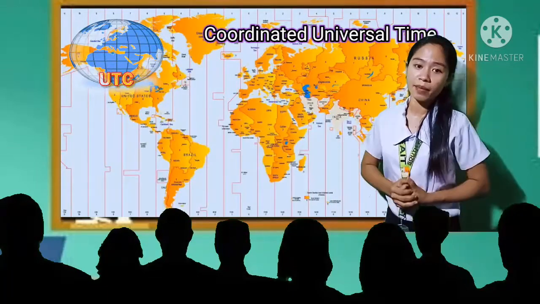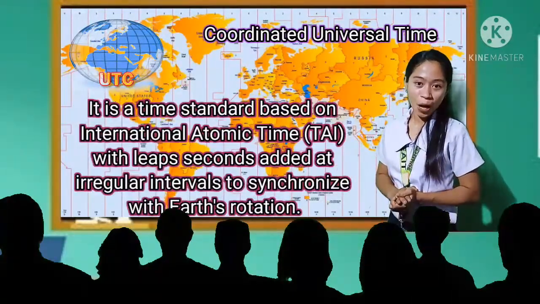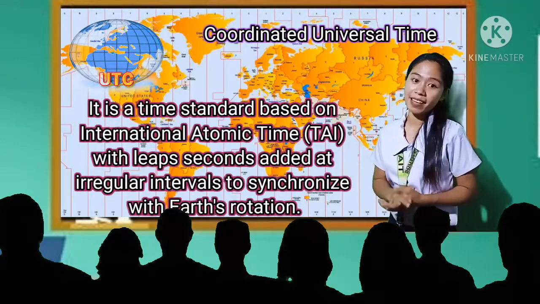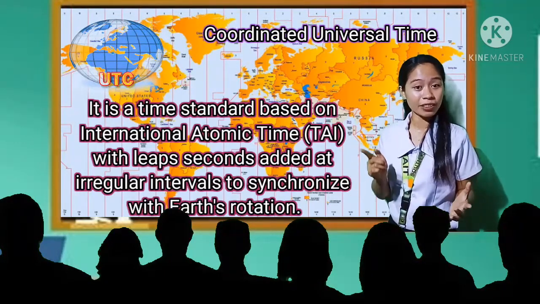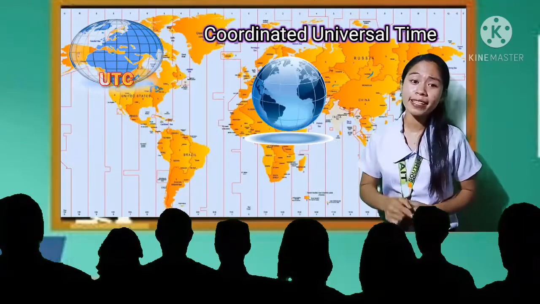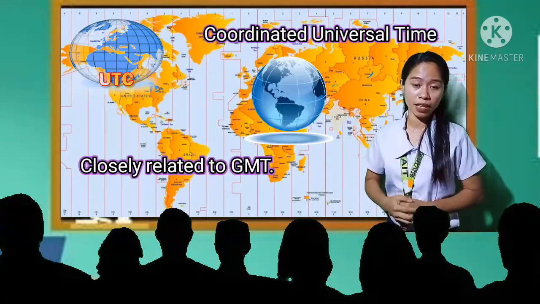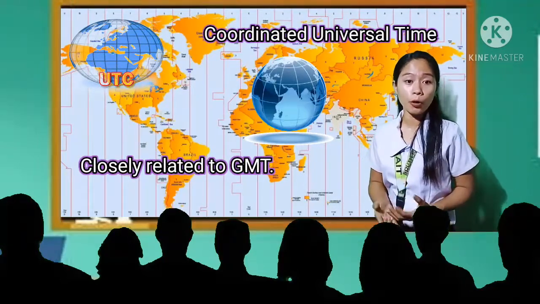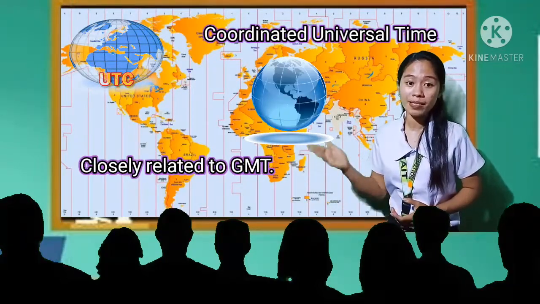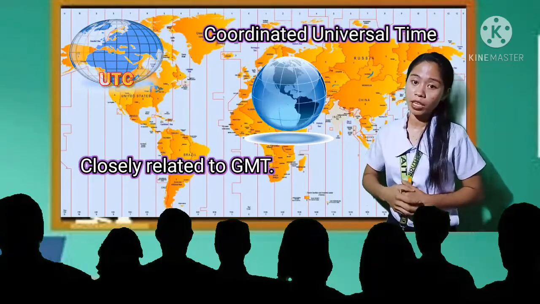Coordinated Universal Time is a time standard based on International Atomic Time, with leap seconds added at irregular intervals to synchronize with the Earth's rotation. UTC is closely related to Universal Time and Greenwich Mean Time, and in an informal or casual context where sub-second precision is not required, it can be used interchangeably.